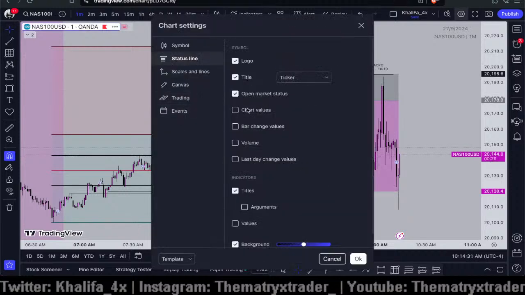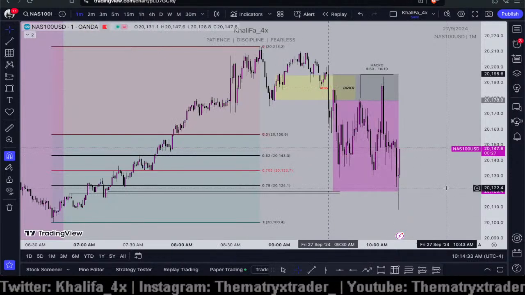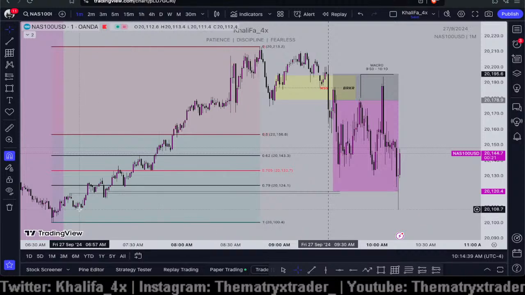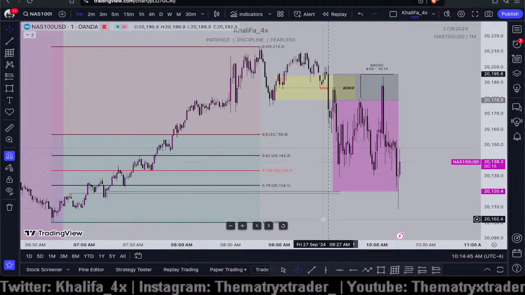I want to see this kind of price action. You already know what you need to do, folks. Now the low of this candle, what's the low? 1088, and low 1086.